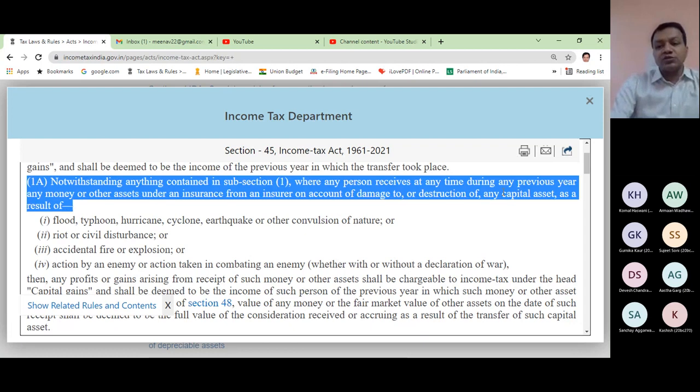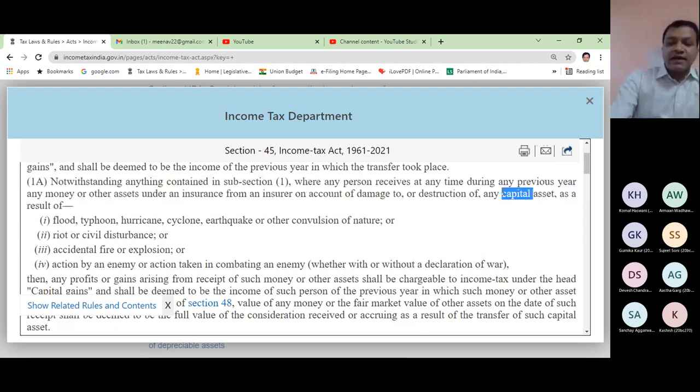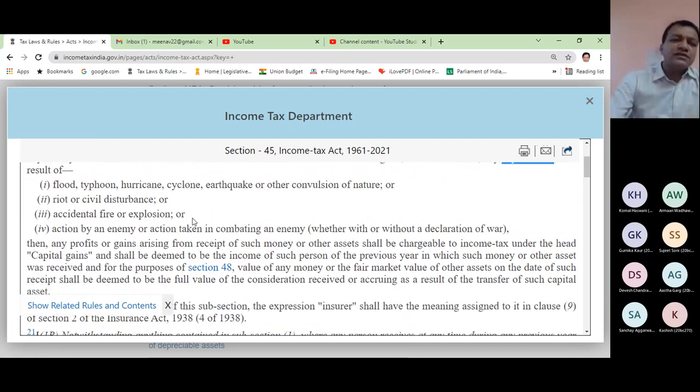Here also, one thing is sure, which you have not explained: the asset must be a capital asset. So what has been destroyed must be a capital asset. Even in 45(1), it was a capital asset. In 45(1A) also, it must be a capital asset destroyed because of reasons beyond my control or beyond the control of a human being: flood, typhoon, hurricane, cyclone, riot, accidental fire, war.